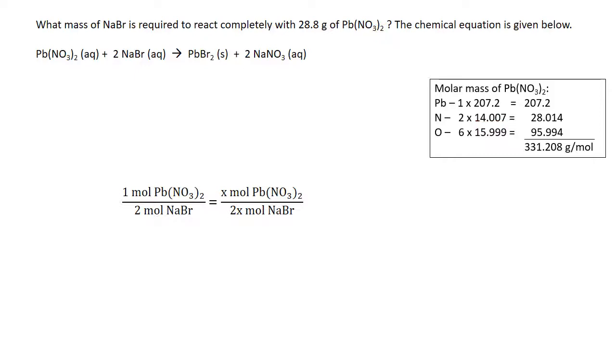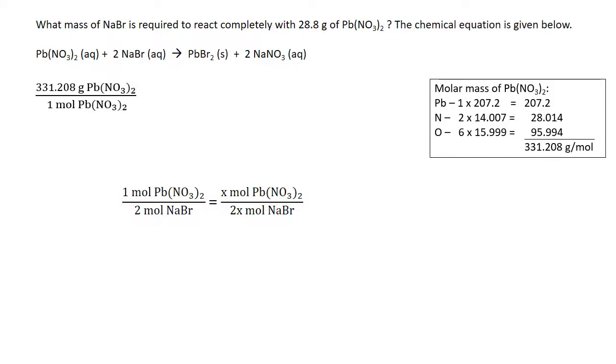And for oxygen, there's 3 atoms of oxygen in each nitrate unit, 2 nitrate units. 3 times 2 is 6 atoms of oxygen in each formula unit of lead nitrate. So we'll multiply 6 times the molar mass of oxygen from the periodic table. What we find then is that 1 mole of lead nitrate has a mass of 331.208 grams. So we can write that as a simple ratio, which we'll do here.